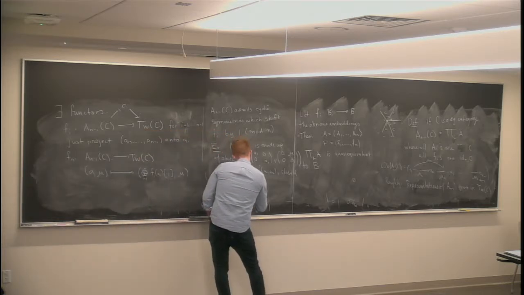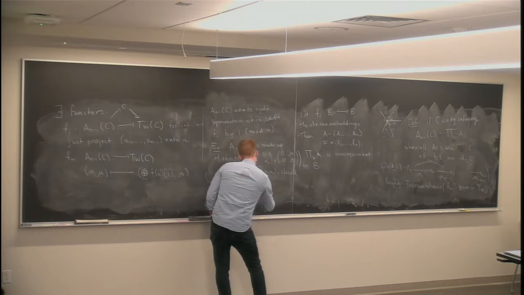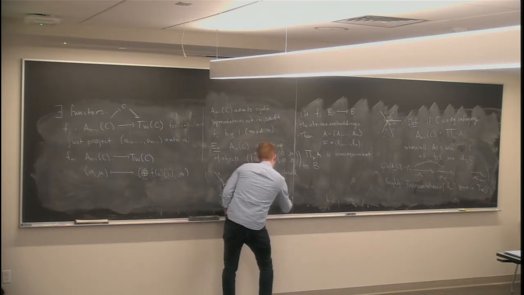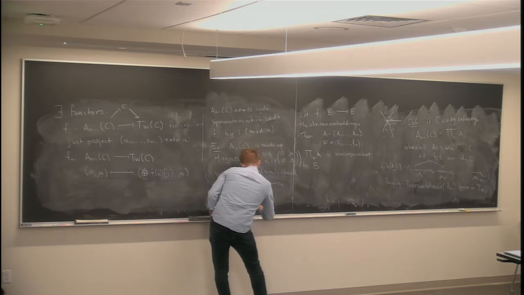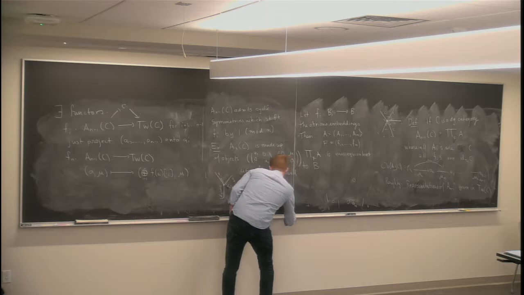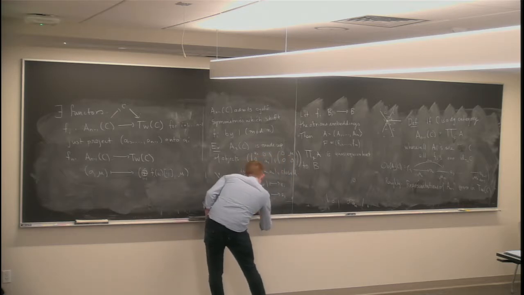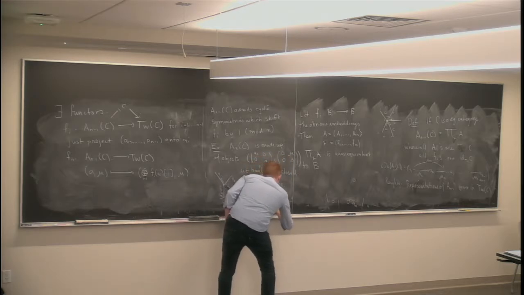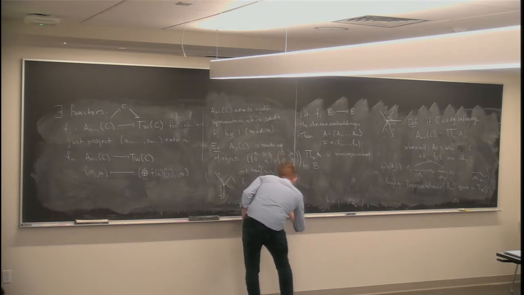So F_1 sends (A, mu) to A_1, F_2 sends (A, mu) to A_2, and F_3 sends (A, mu) to the cone.